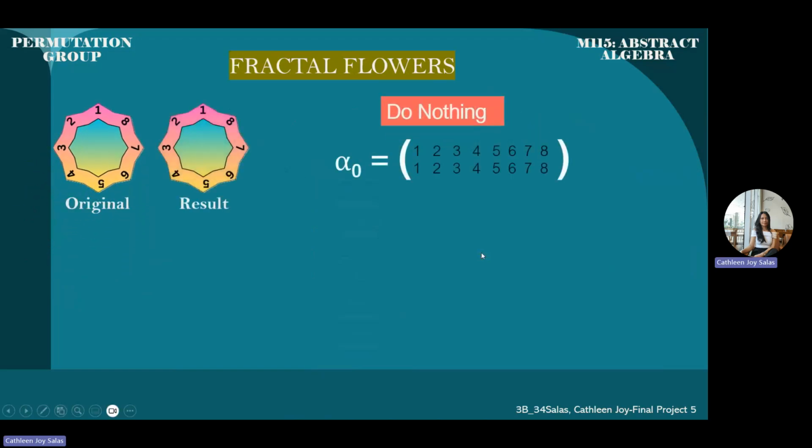For our first move, do nothing, let alpha sub zero be the permutation.